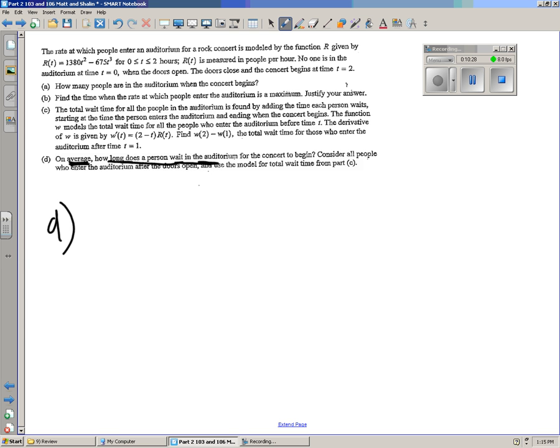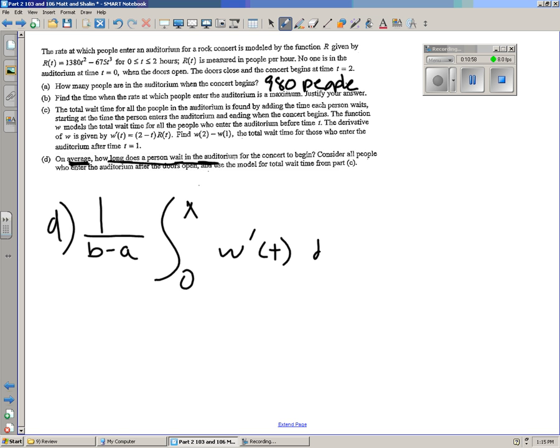So if you refer back to A, we found out that 980 people are in the auditorium when the concert begins. So since you're finding an average, it's 1 over b minus a, and then you're going to take the integral from 0 to x of your function. So in this case, it'll be w prime t dt.